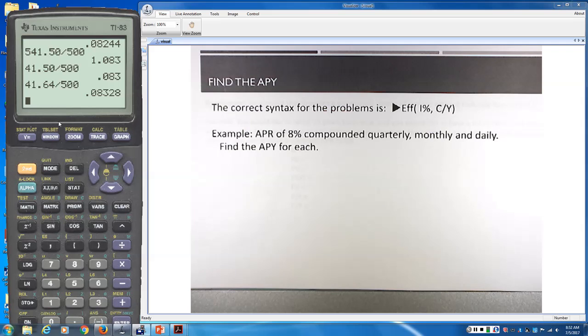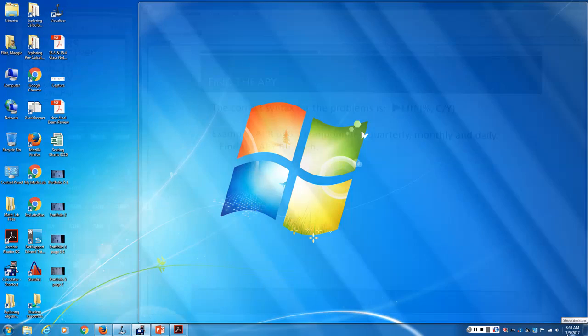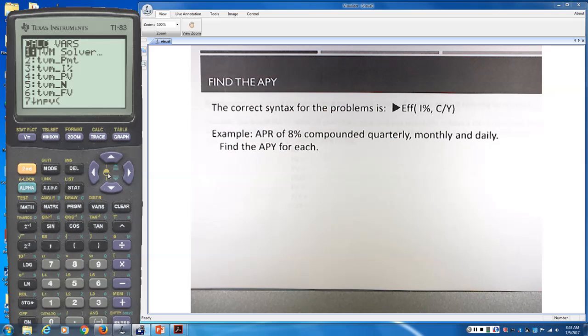So if you go to your finance formulas, and you scroll down until you find effective, or EFF.